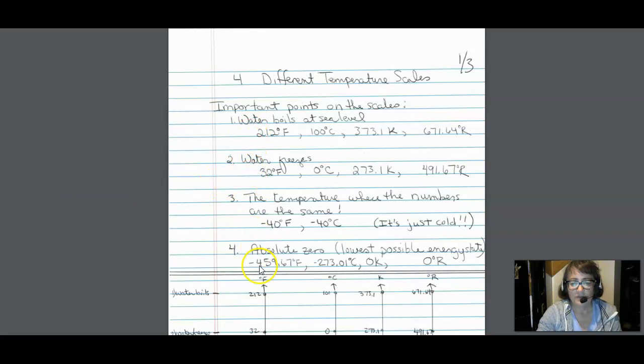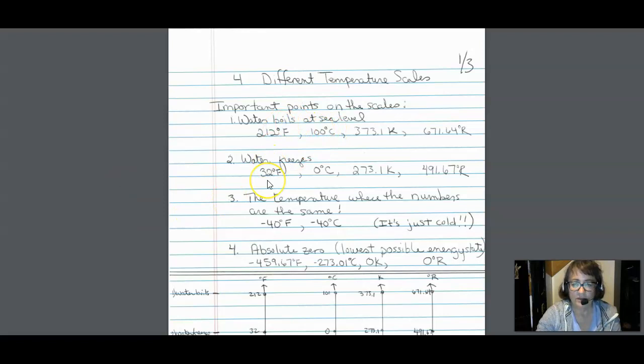Basically, the way it works is like this. There are 3 different important points, and then one point I always like to bring up. Water boils at a particular temperature, and at sea level, that's 212 degrees Fahrenheit. Water freezes at 32 degrees Fahrenheit, and that's the range of temperatures that the Fahrenheit scale was developed around. Now, in the rest of the world, this is kind of a metric-y thing.